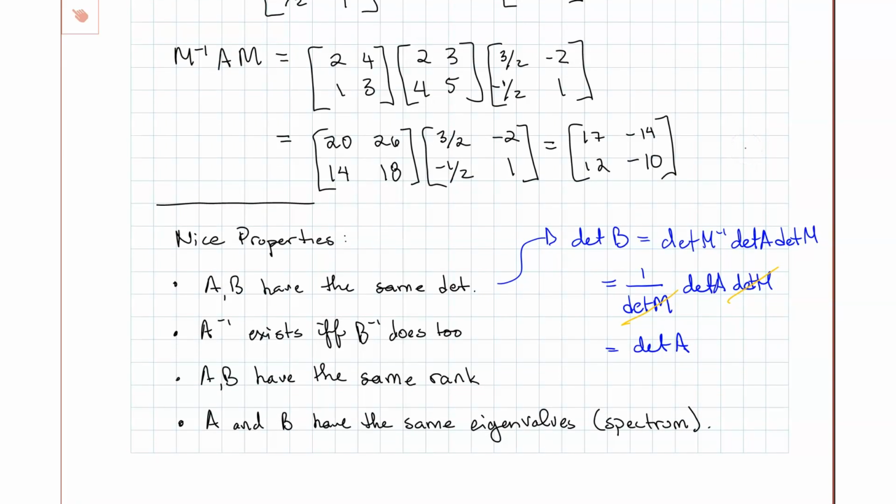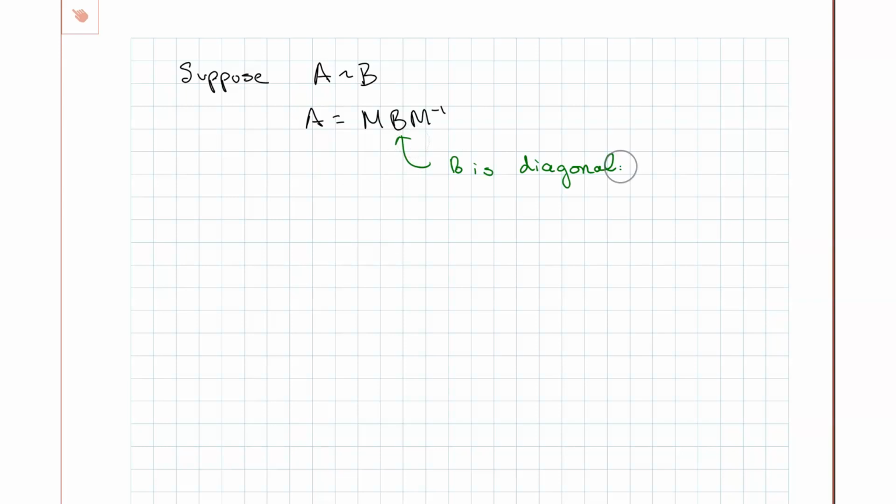So it may not be obvious at first why we should care about similar matrices, but here's one example of why we should. Let's suppose that A is similar to B. So A is equal to some M times B times M inverse. And let's further suppose that we've been able to find a B that A is similar to that is a diagonal matrix.